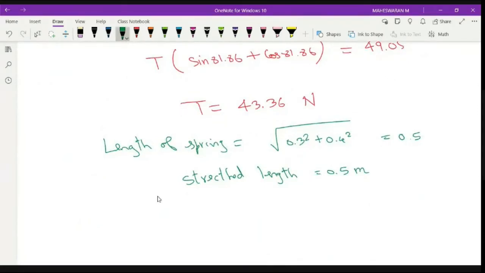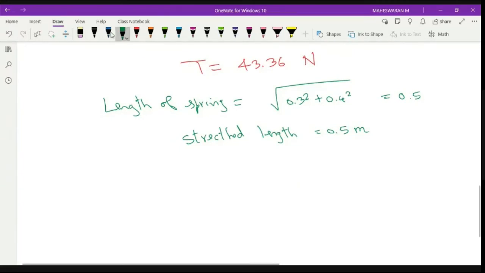Let us have this like this. Now you know the stiffness of the spring, so we use that formula. We know that stiffness K is equal to force divided by del, where del is stretched length minus unstretched length.